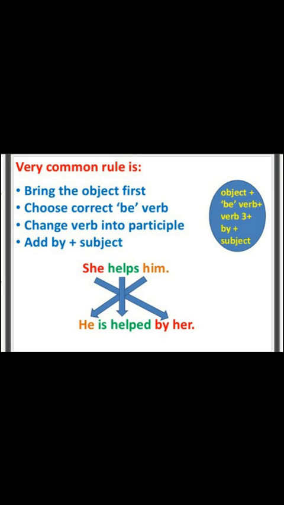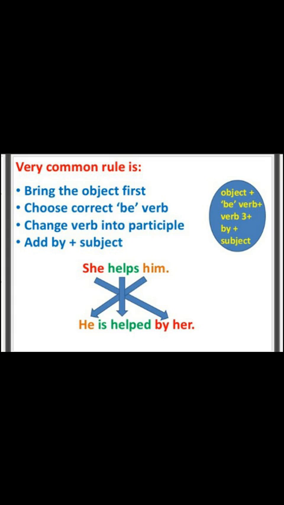Okay, so let's start how we have to change active voice into passive voice. Firstly, bring the object first. Him is object here, so bring the object first. When him is object, the subjective form of him is he.